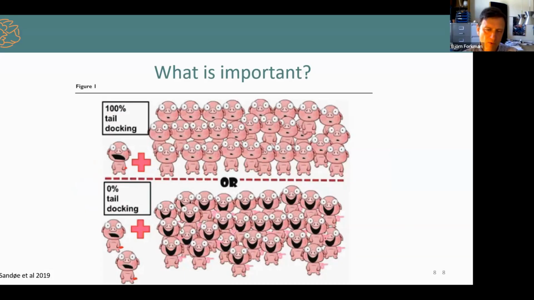When you're doing animal welfare assessment and when you're doing aggregation, one important question is this: what is important? Say that we have 2 situations.